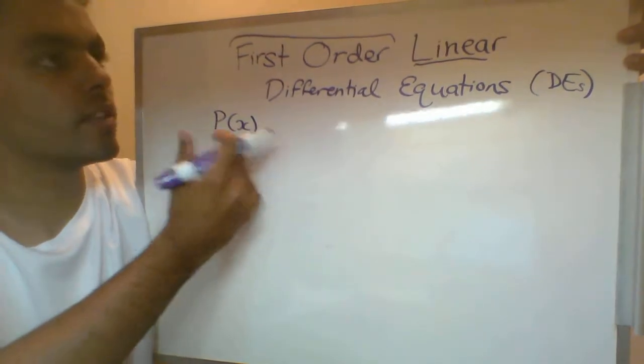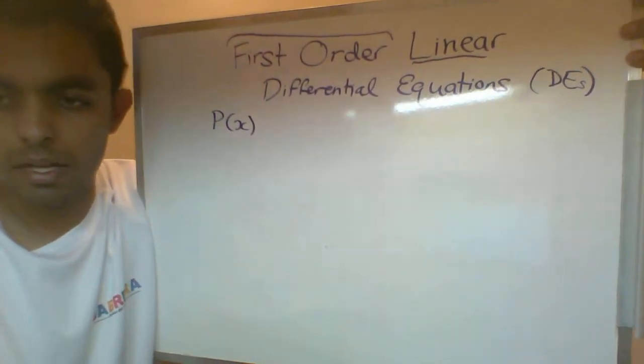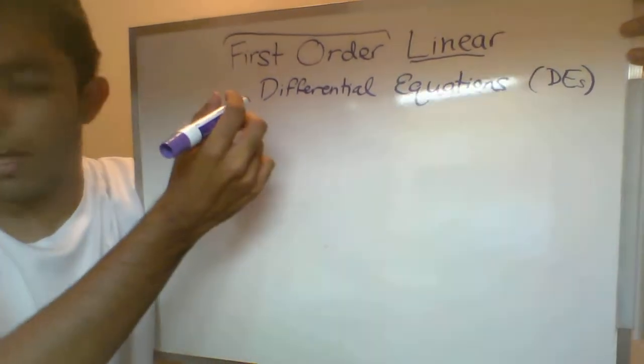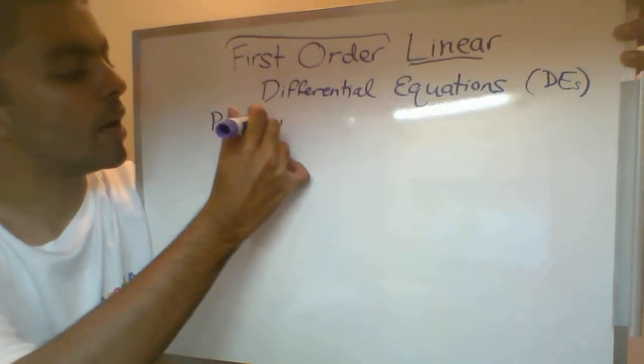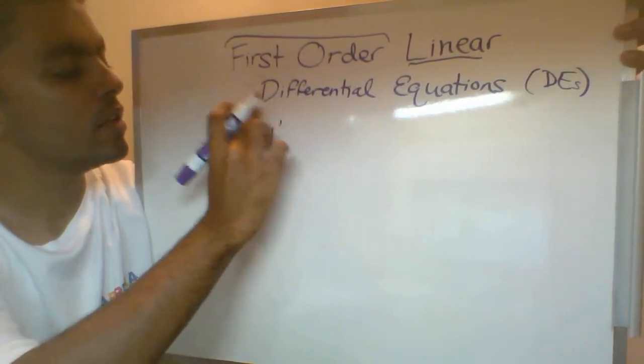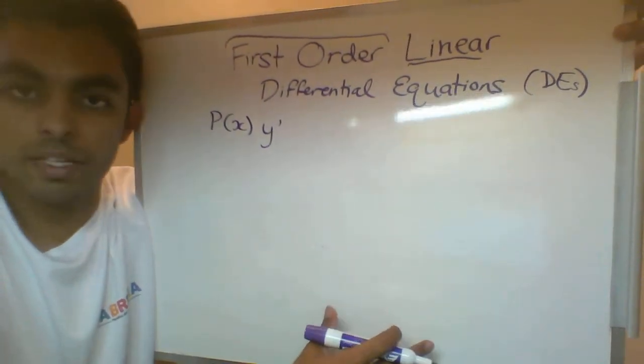So p of x is some function of x, so it could be sine of x, or e to the x, or a polynomial, like a quadratic, fully expanded, times y prime, or the derivative of y with respect to x.